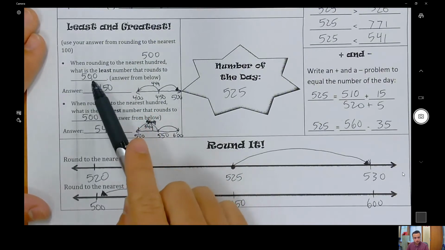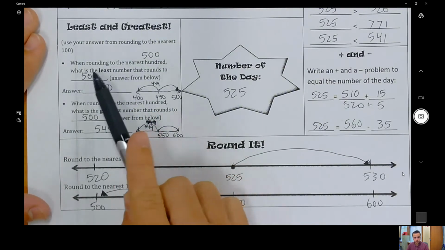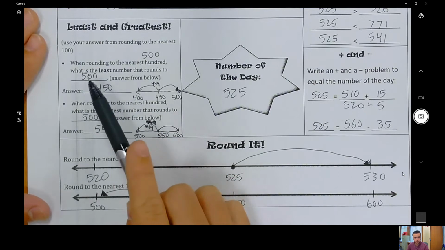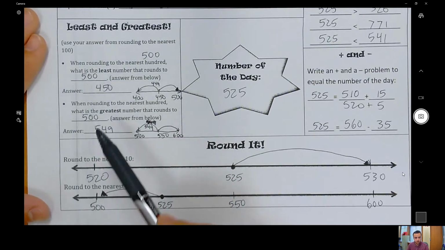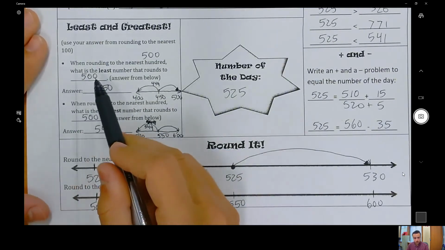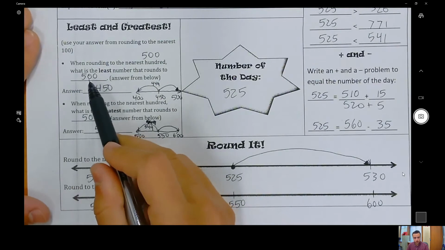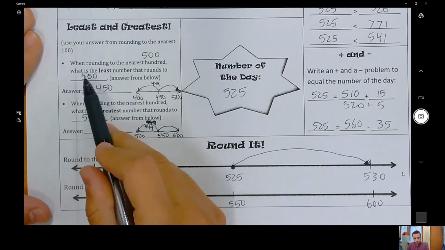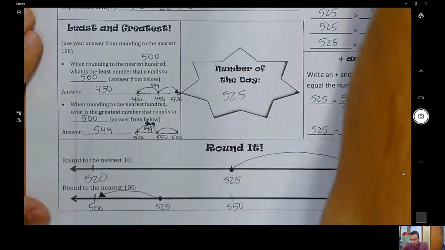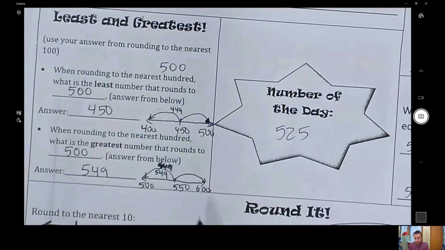So now that I have my 500 here, it says when rounding to the nearest 100, what is the least number that rounds to 500, the number that I had here? Well, I know that I can round up to a number, so I can be below 500 and round up. And with this little number line here, I'll zoom in so maybe you can see it a little bit better.